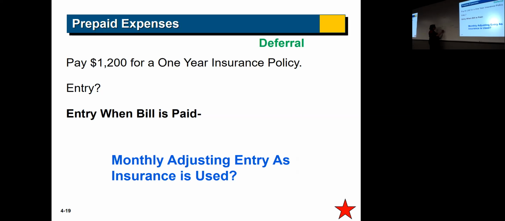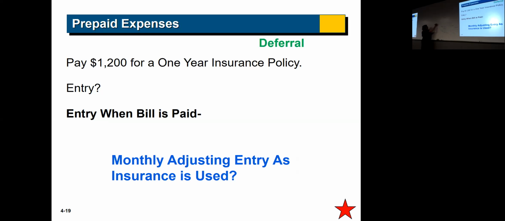At the end of every month, you're going to debit insurance expense $100, and credit prepaid insurance $100.